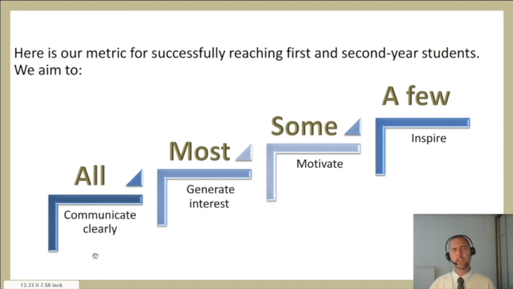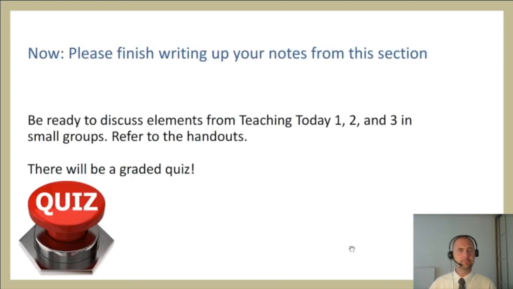We want to communicate clearly for everyone. We will generate interest for most students. We will motivate some students, and hopefully we will inspire a few students. But we can't really cater to everyone all of the time. We can cater to some of the people some of the time. And that's a reasonable goal for us to try to achieve.